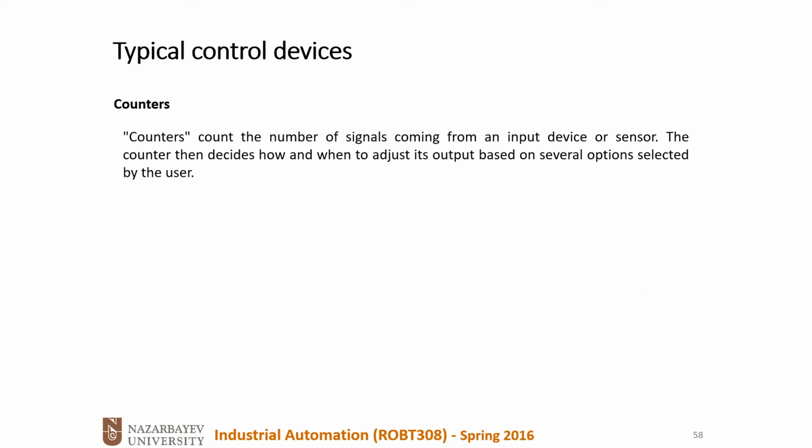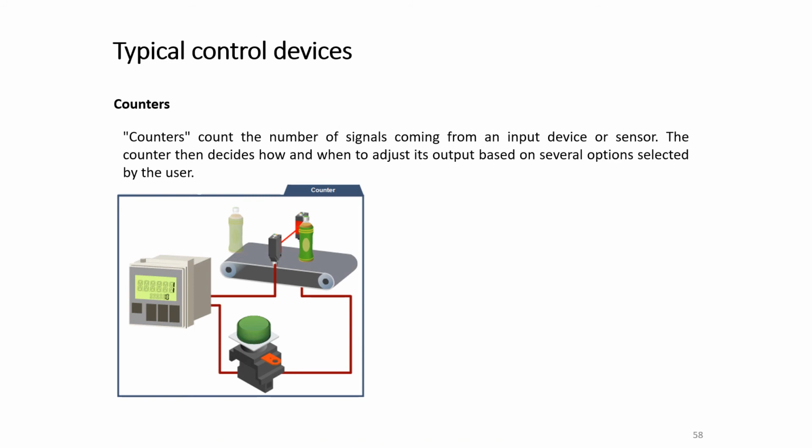Counters count the number of signals coming from an input device or sensor. The counter then decides how and when to adjust its output based on several options selected by the user.